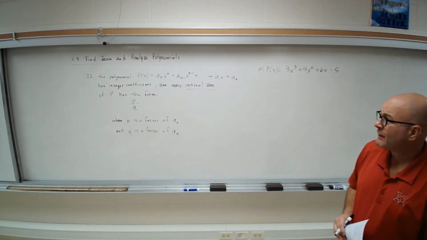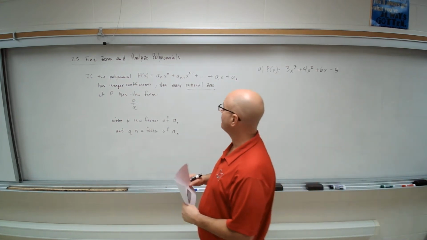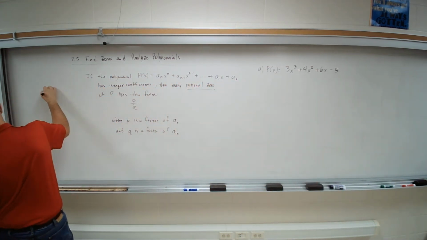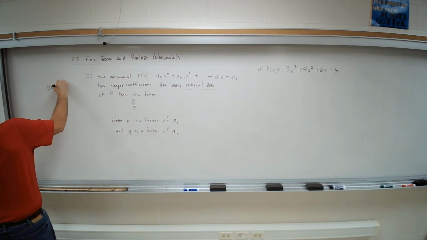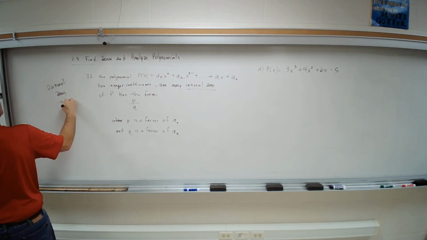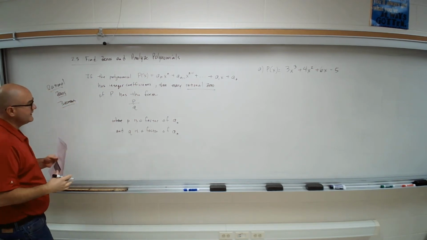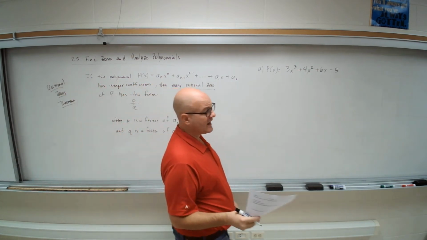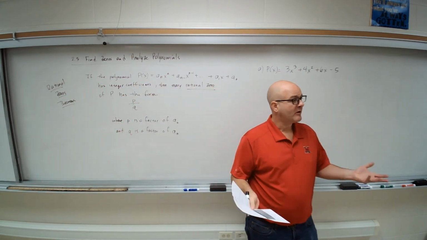Okay, so this is our rational zeros theorem. I guess we could give it a name, right? Rational zeros theorem. And this is how we're going to get a list of potential zeros from our polynomial.